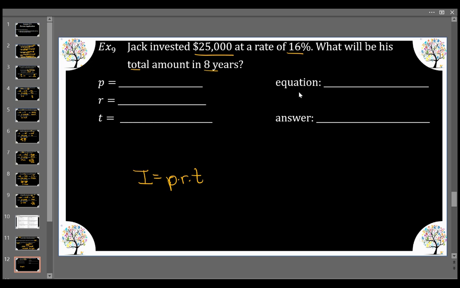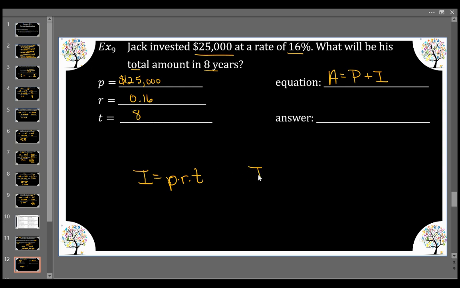But for this example, we want the total amount that he is going to have in 8 years. So the total amount is going to be the principal plus the interest that he earns in 8 years. The principal is $25,000. The rate is going to be 0.16, and he is going to invest for 8 years.